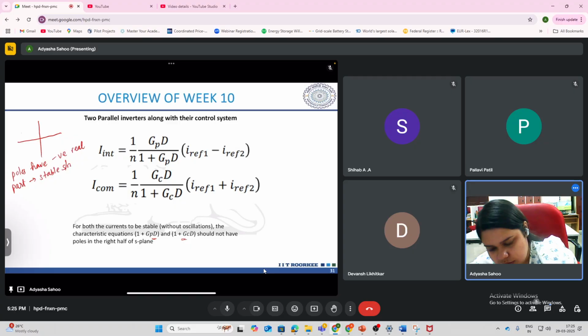That means if the poles lie in the left half of the S plane, it is stable. And if poles have a positive real part, that is an unstable system.